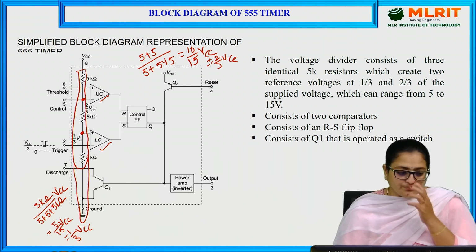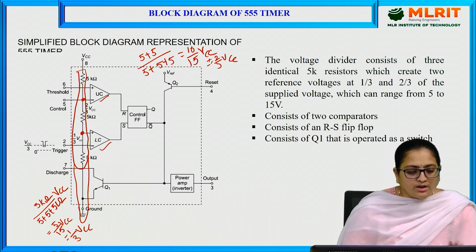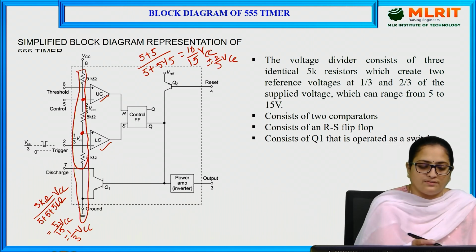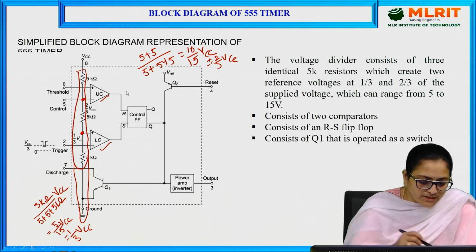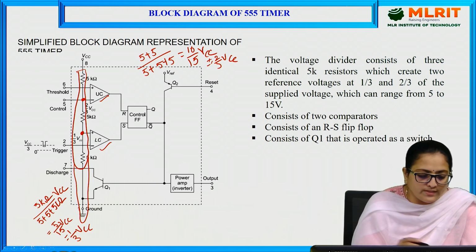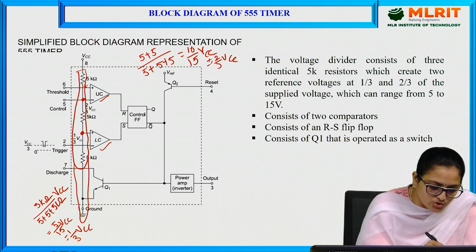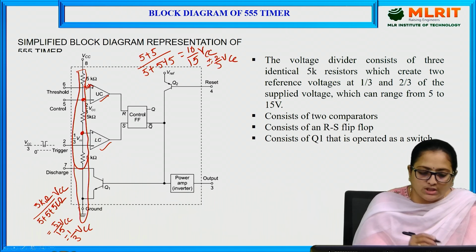Coming to the function of the comparator, let us see the upper comparator and lower comparator; the operation of these comparators will be the same. Assume this as the threshold voltage, and this is 2/3 VCC.